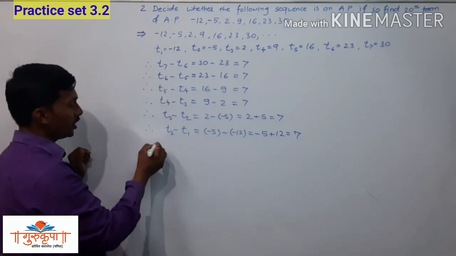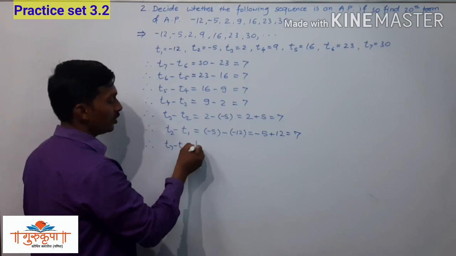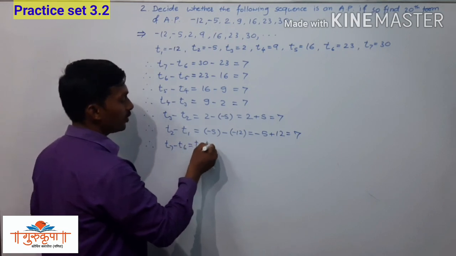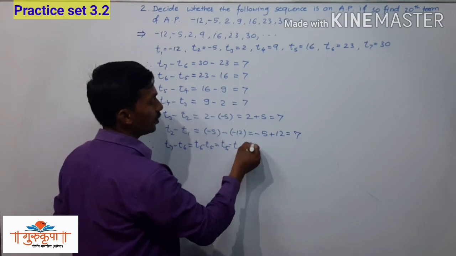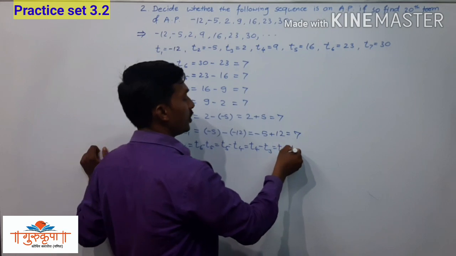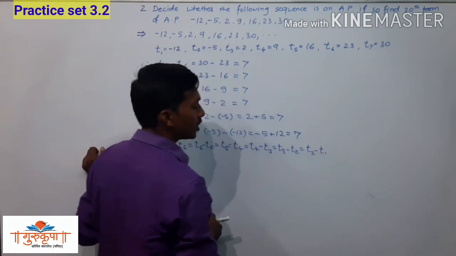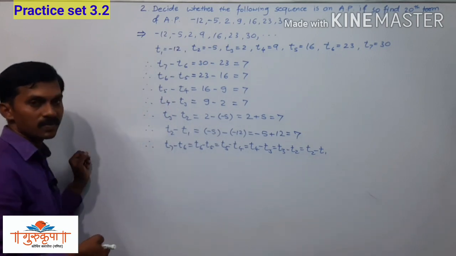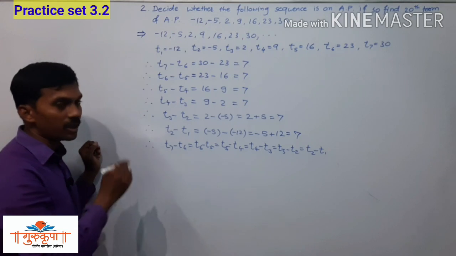So here we can write, since T7 minus T6 is equal to T6 minus T5, is equal to T5 minus T4, is equal to T4 minus T3, is equal to T3 minus T2, is equal to T2 minus T1, everywhere the common difference is the same, so it is an AP.